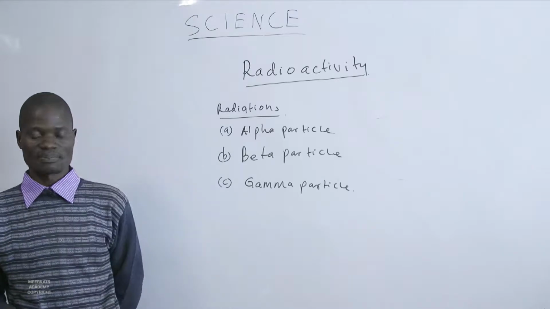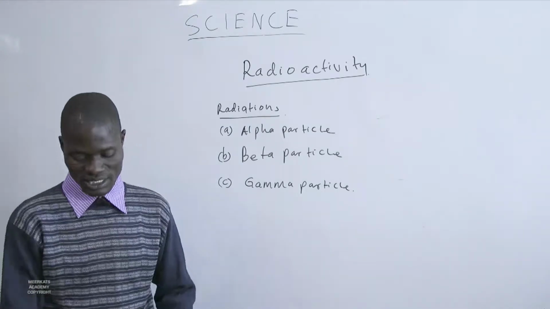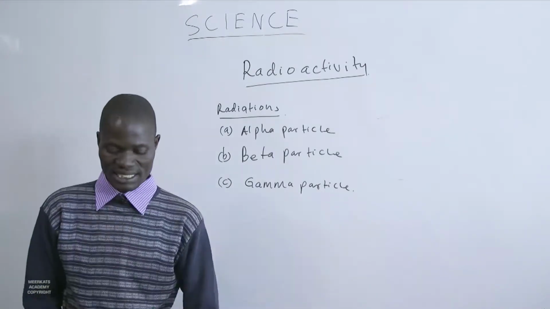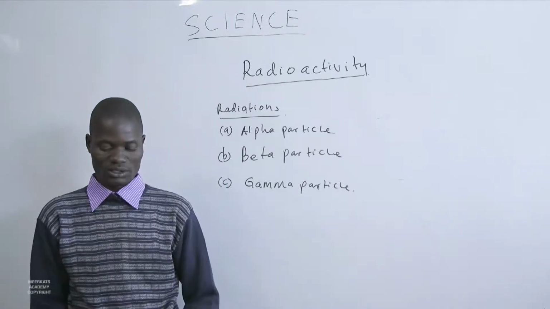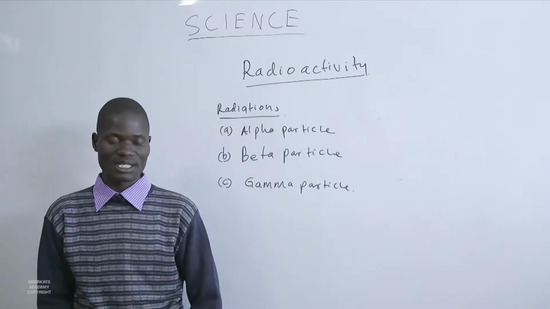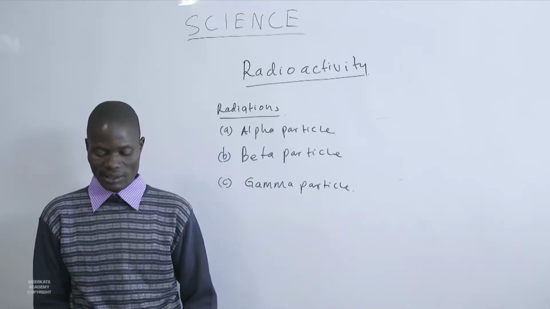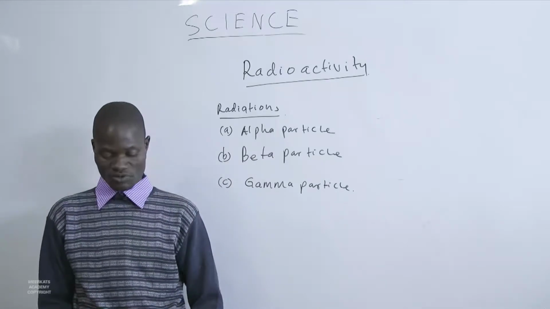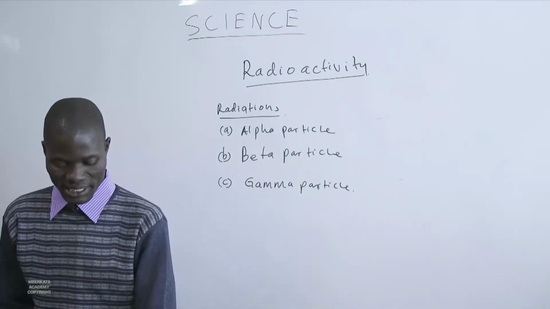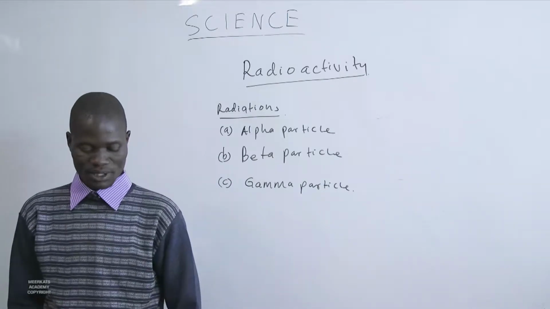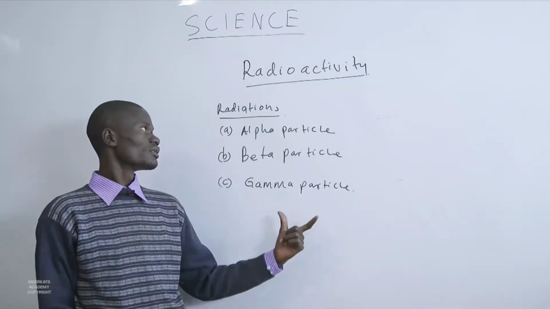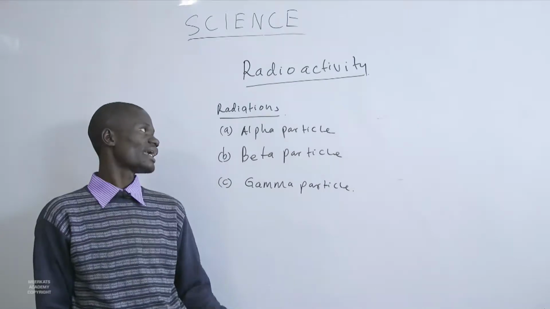Looking at this process of radioactivity, which leads to an unstable atomic nucleus losing energy in terms of mass, we'll look at the various radiations that are emitted.